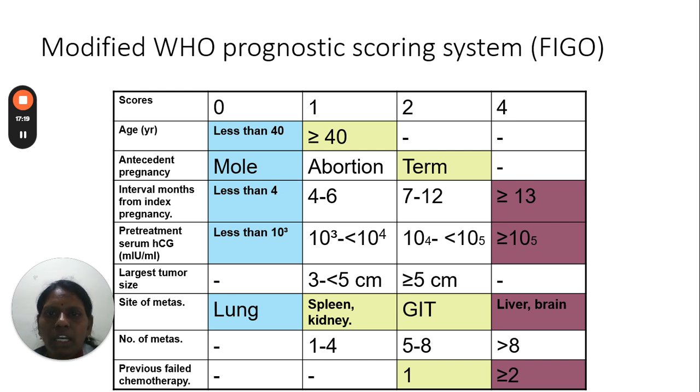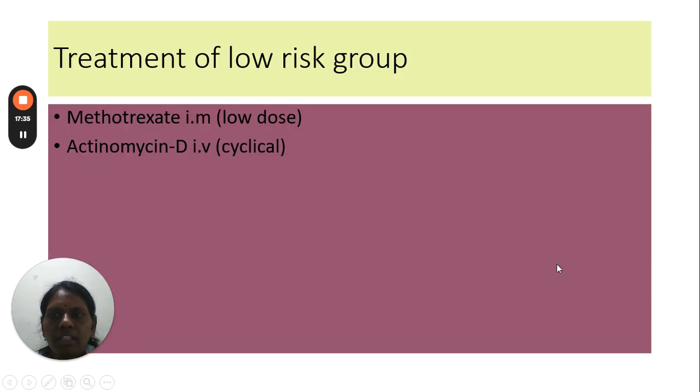So if the total score is less than 6, that is low risk. If the total score is more than 7, that is high risk. For low risk patients, we need to treat with low dose methotrexate or actinomycin D IV cyclical.